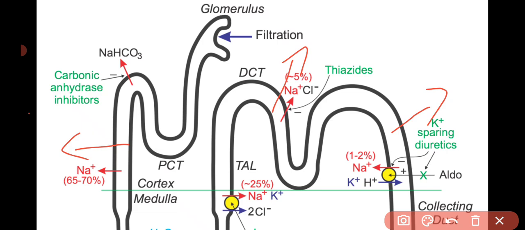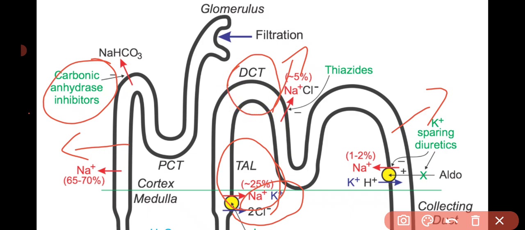Either they act by inhibiting the carbonic anhydrase enzyme, or they act at the thick ascending limb of loop of Henle by inhibiting the sodium potassium 2 chloride importer, or they act on the distal convoluted tubule or cortical diluting tubule, where they act by inhibiting the sodium chloride importer. And also they act at the collecting ducts, where they are either aldosterone antagonists or act by blocking the sodium channels.